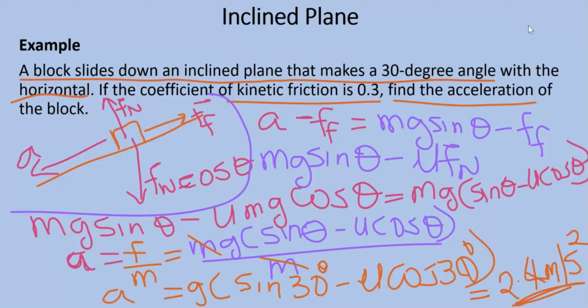All right, this is the end of today's topic on translational dynamics at the inclined plane. I'm going to add the link of the previous videos and the playlist for translational dynamics up here so that you can review and recall what we did, which was Newton's laws of motion.